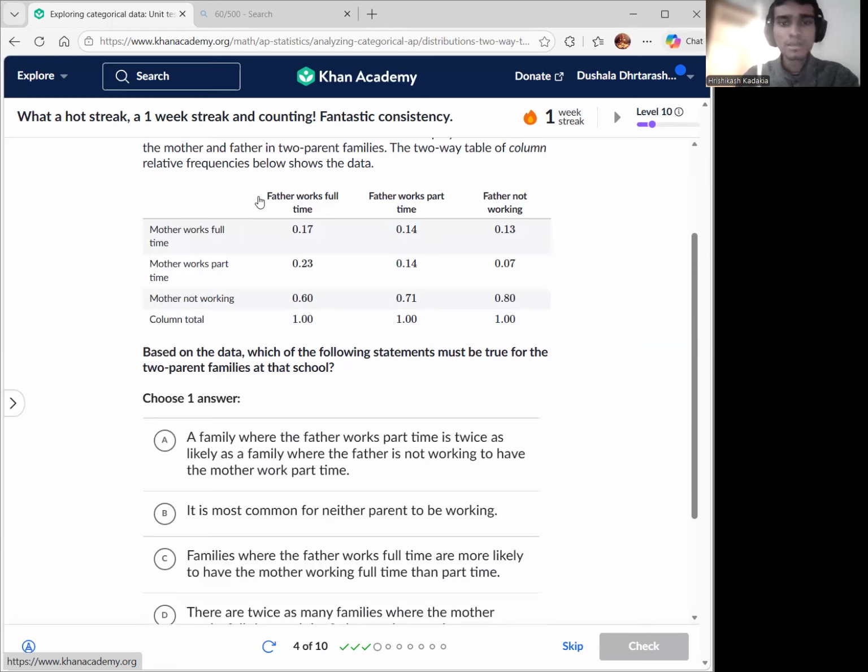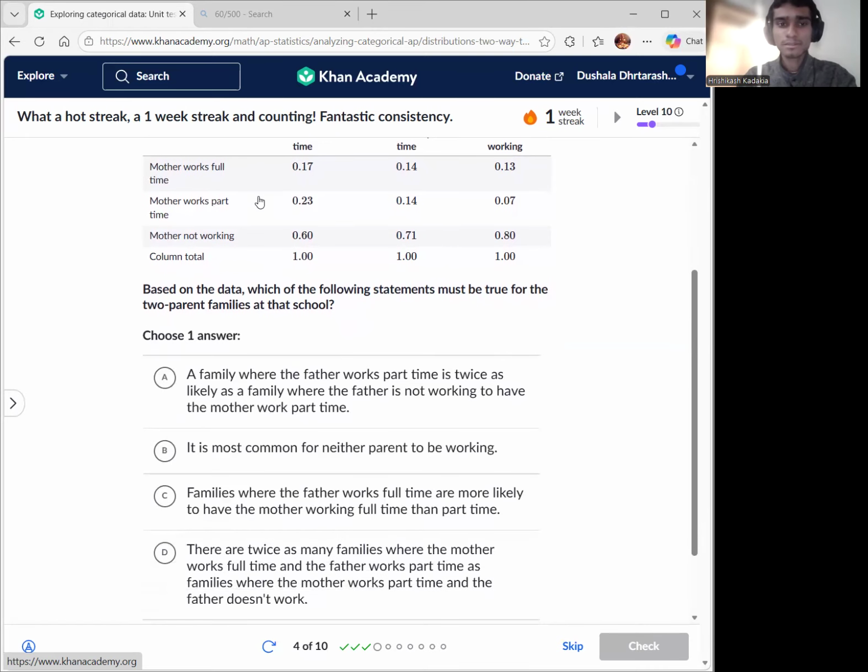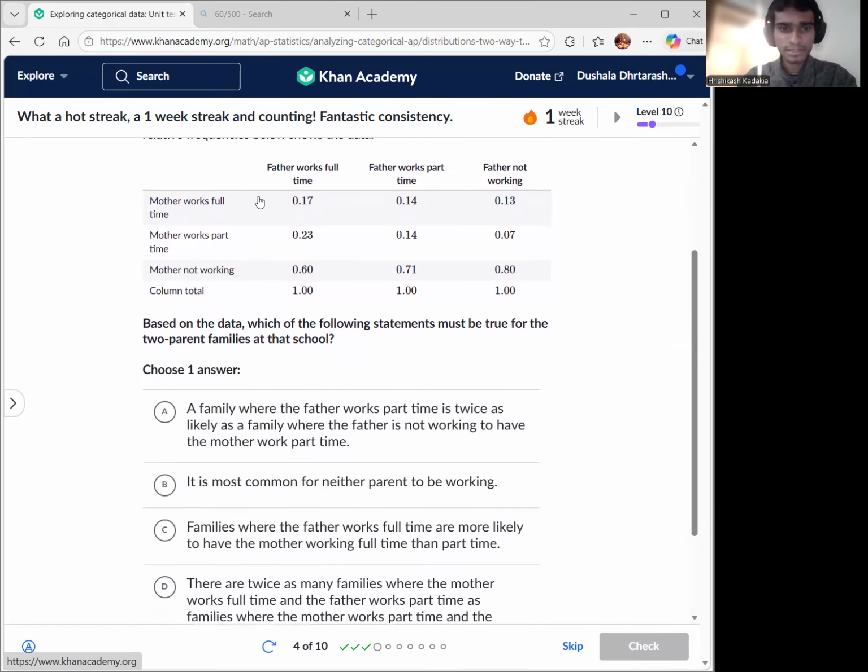So we see here the following statement must be true for this one. A family where the father works part time is twice as likely. Well, this one is actually a family where the father works part time. This one means that father works part time. So that one is saying a family where the father works part time is twice as likely as a family where the father is not working to have the mother work part time.